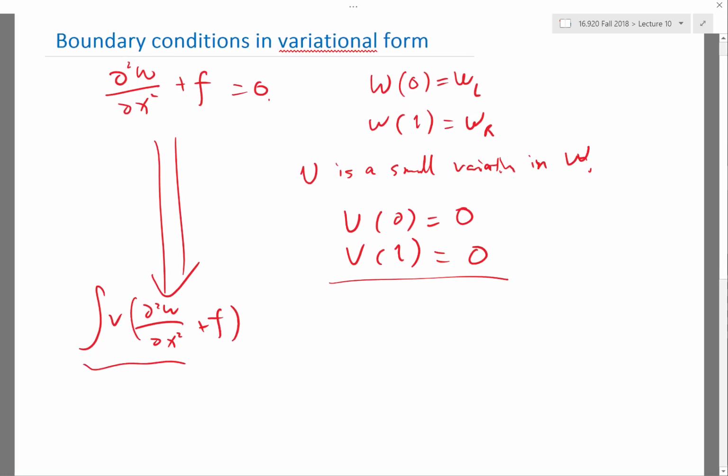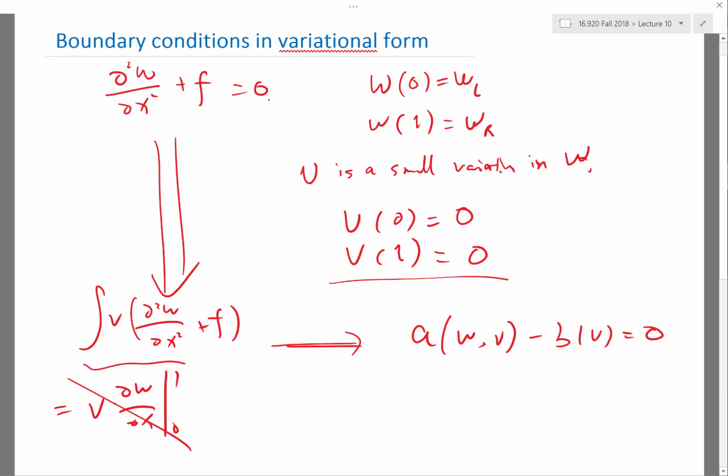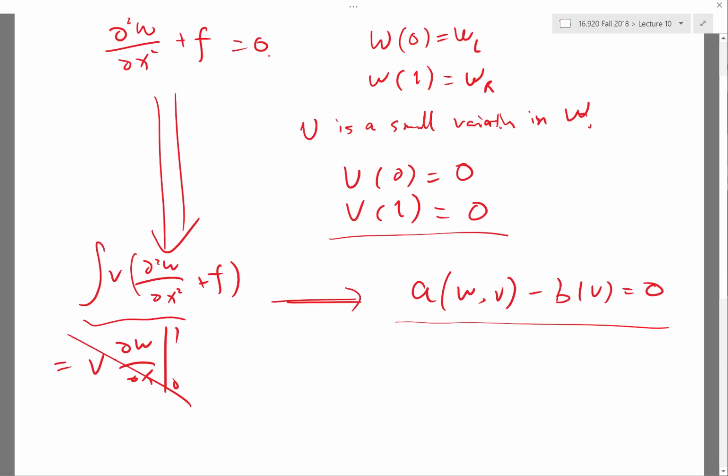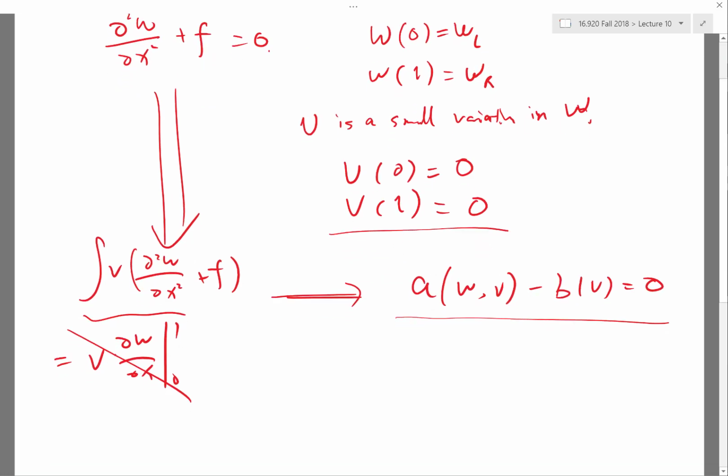The boundary condition part is going to use integration by parts, and come up with this. This is still going to be 0, right? You end up having the same weak form, A(W,V) minus B(V) equal to 0. You can write plus or minus depending on how you define V. So you are going to still have the same weak form, except the space is different.